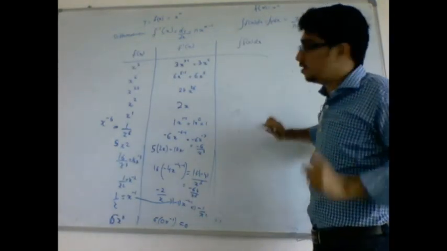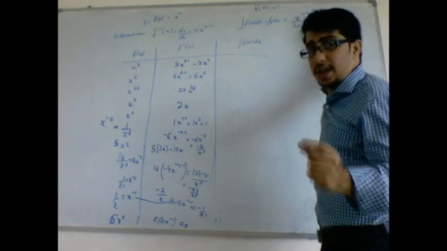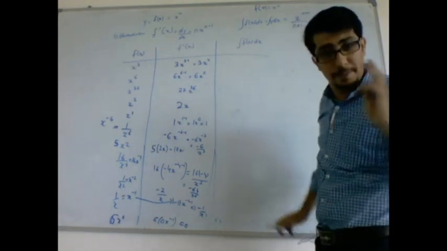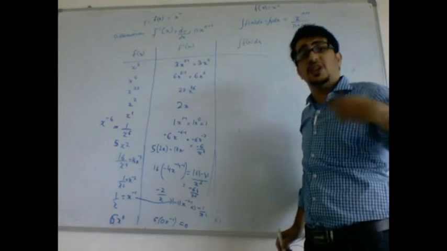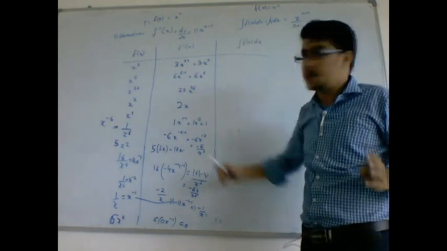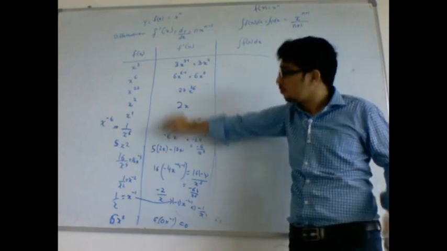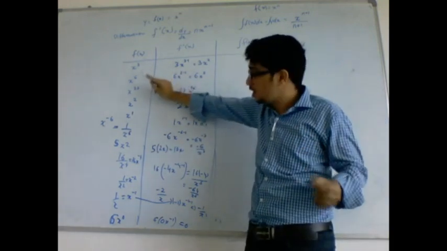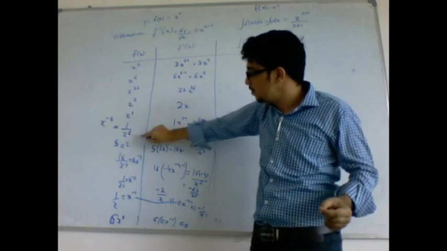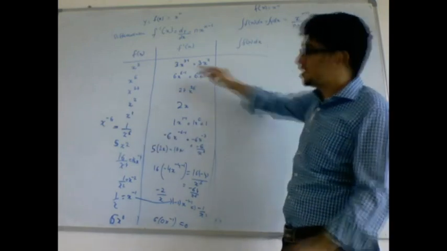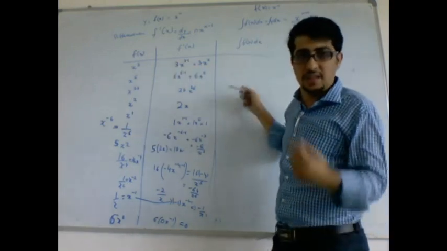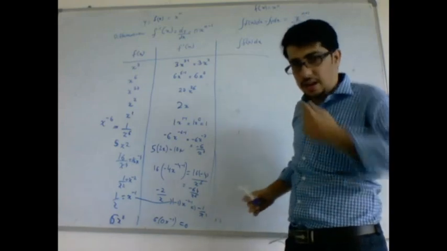If f equals x power n, the formula for integration is x power n plus 1 upon n plus 1. Please remember, here the power will increment, whereas in differentiation it decrements.